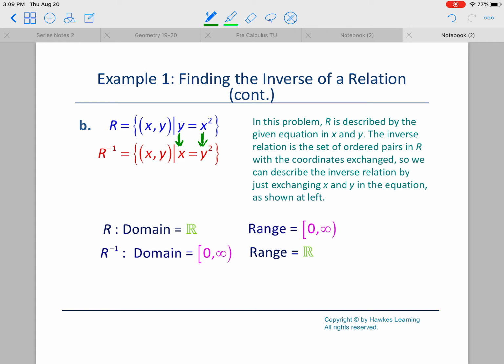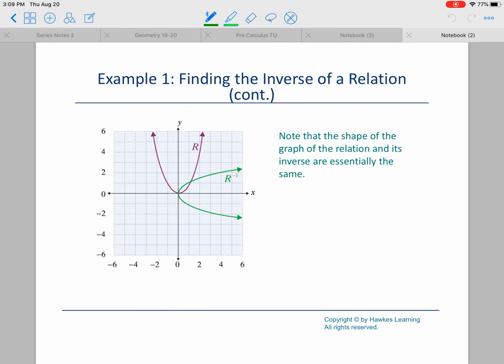So my inverse relation here is actually x equals y squared. And we're going to use this concept in just a little bit. So for y equals x squared, we know that it looks like a parabola. I'm going to kind of jump ahead.